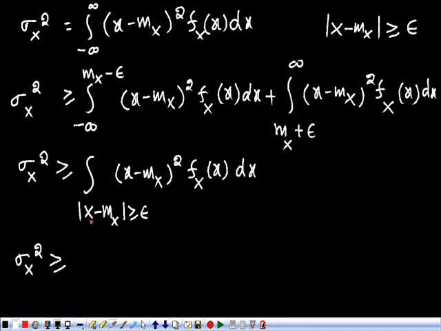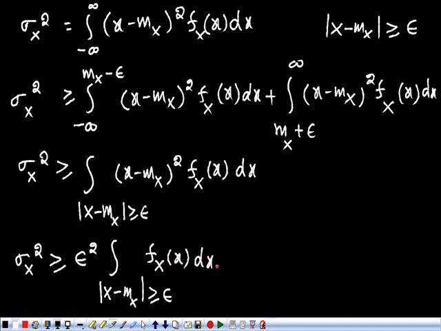Okay. So therefore I can write this x minus mx is equivalent to epsilon. If x minus mx is equivalent to epsilon, we will get epsilon square. So epsilon square is a constant, so that can be taken out, and the remaining term is integral over the interval x minus mx greater than or equivalent to epsilon. This is fx of x dx. Understood?